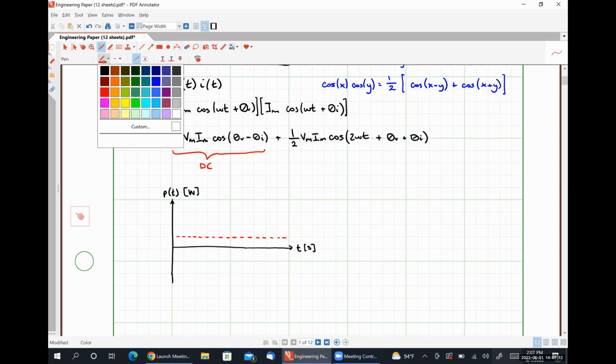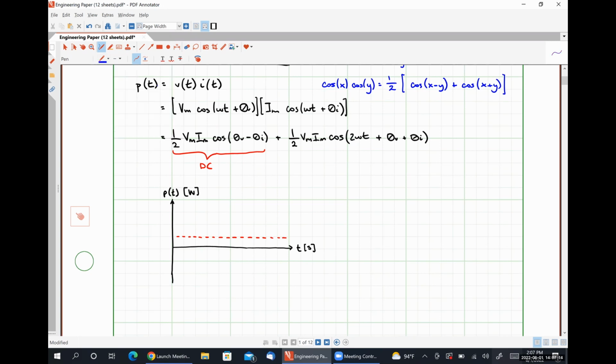And then superimposed on top of that, we are going to have this AC contribution that actually has some time dependence. So arbitrarily just saying that theta v plus theta I looks like 0 degrees from the jump, this is going to look something like this.